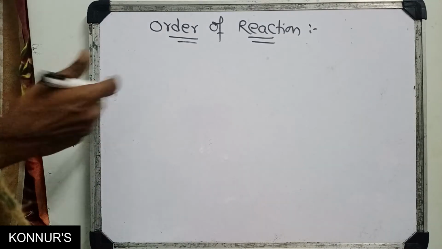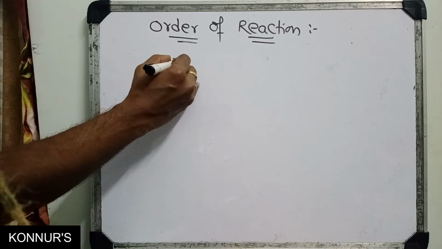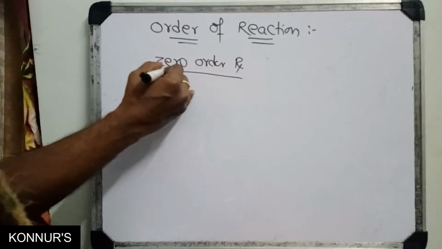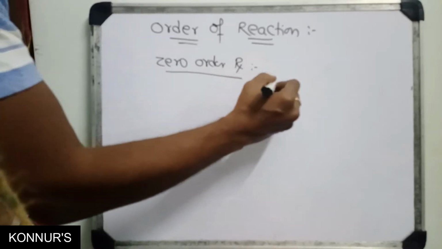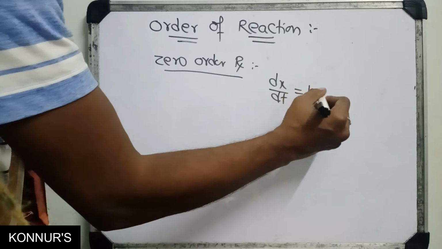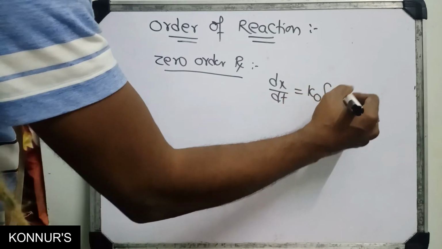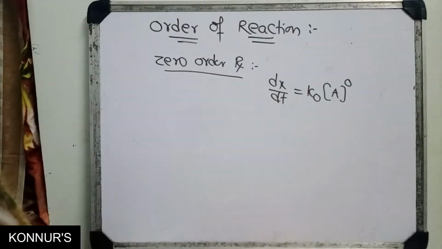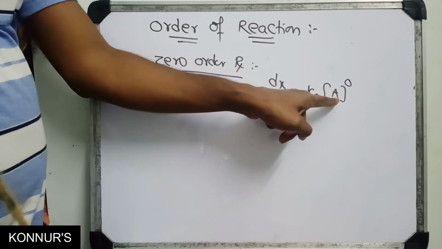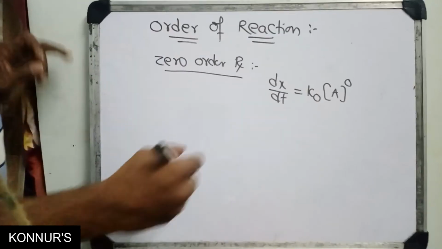Next, in a zero order reaction, the rate dx by dt equals k0 into a to the power 0, and that is nothing but 1 only. That means if you change the concentration, the rate is constant.